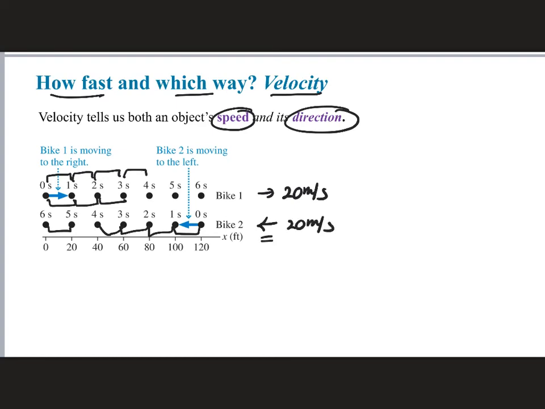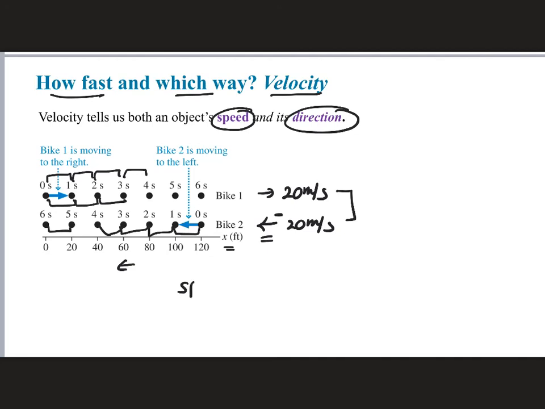And to denote the leftwardness of that, we would represent that by a negative, since left on our coordinate system is negative. And so even though these objects have identical speeds, they're both traveling at a speed of 20 meters per second, they're traveling with actually opposite and very different velocities.